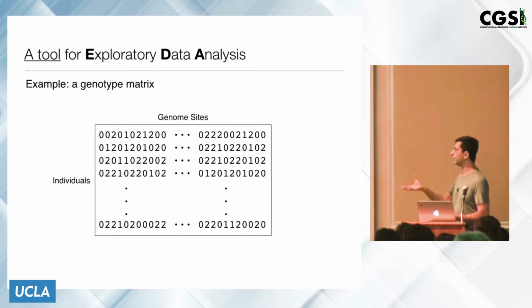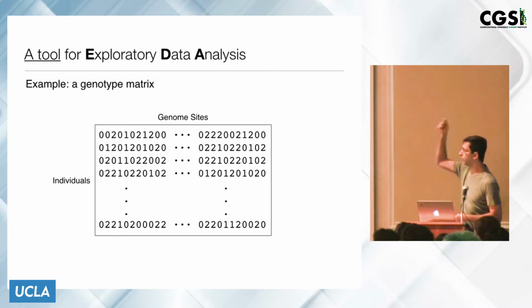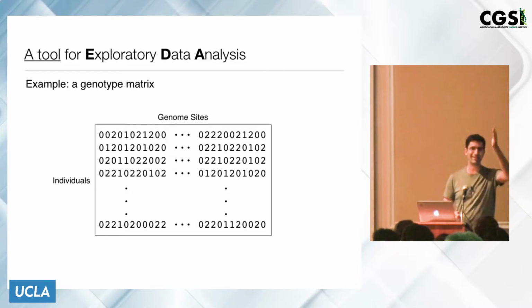To do that, I want to give an example from genetics where people use PCA for genotype matrices. By that, I mean a matrix where the rows label individuals and the columns label their genotype at a site in their genome.